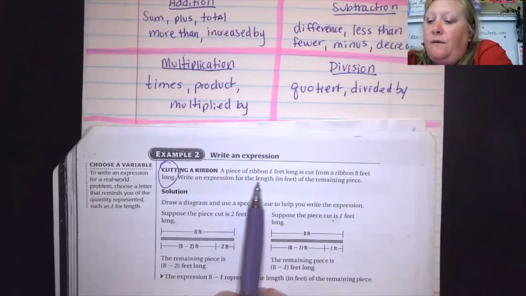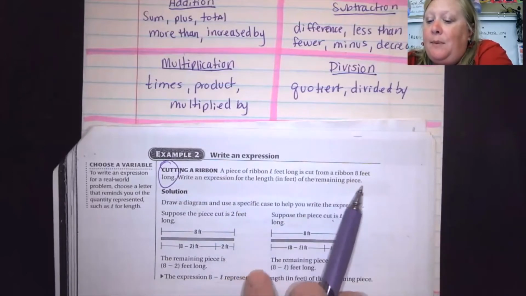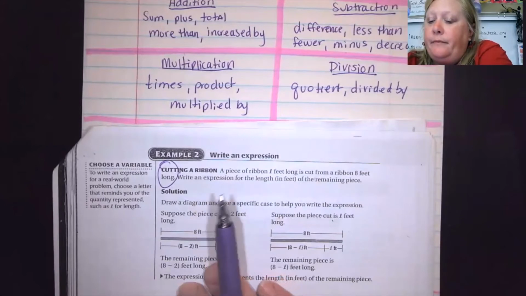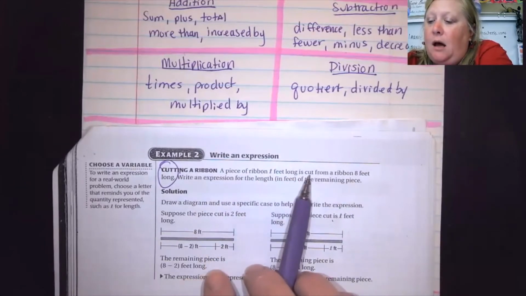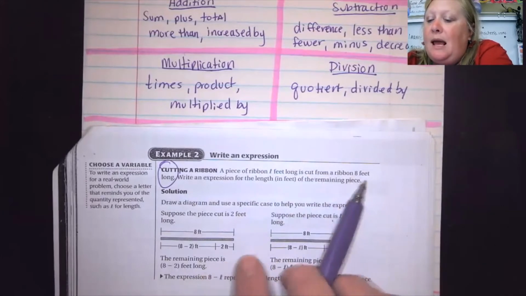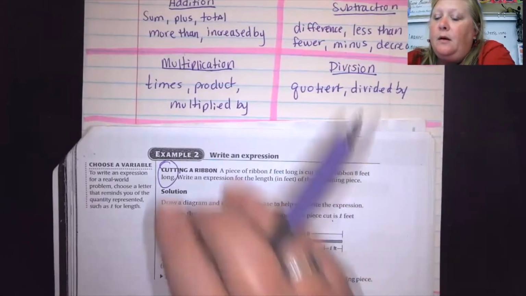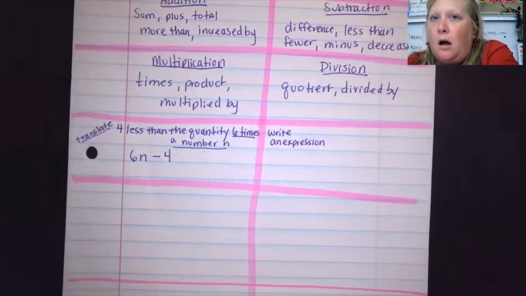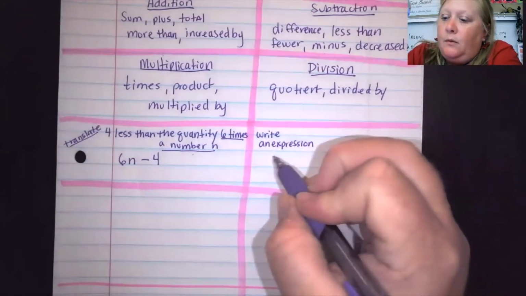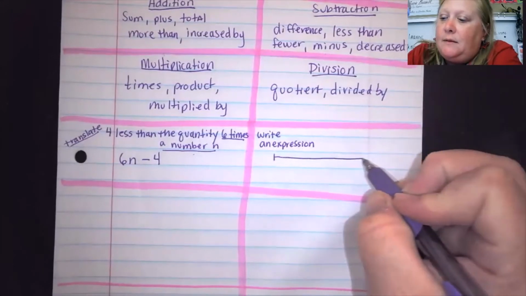Write an expression for the length in feet of the remaining piece. Well, what does that mean? How long is the ribbon? Well, the ribbon is 8 feet long, isn't it?